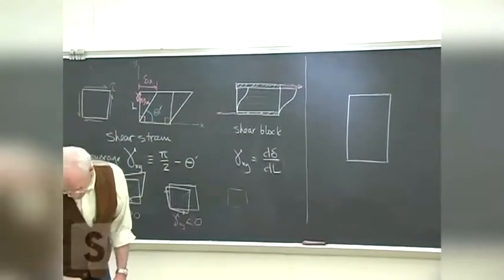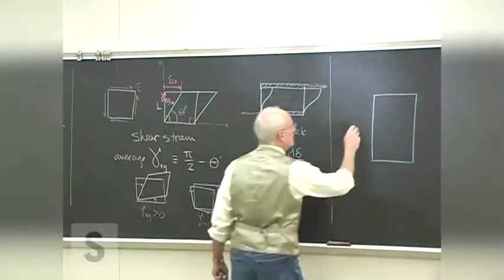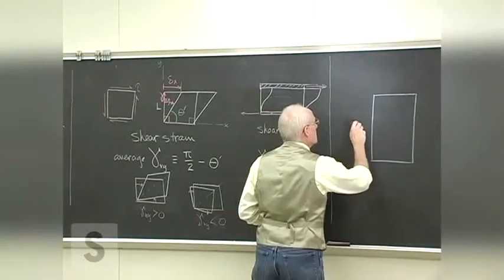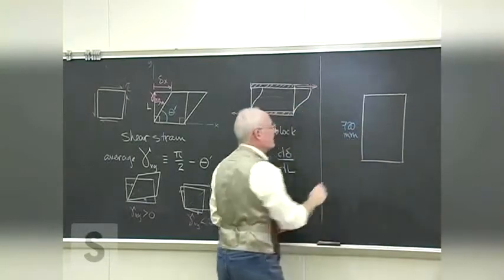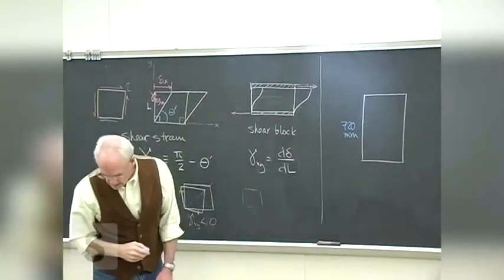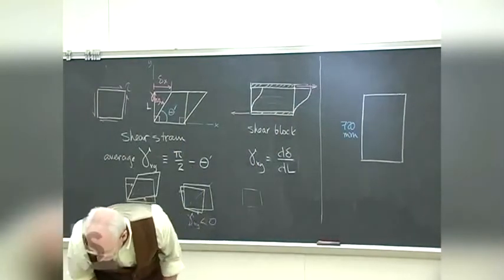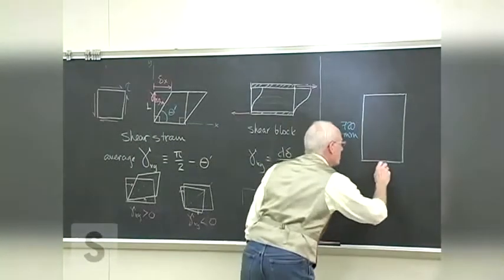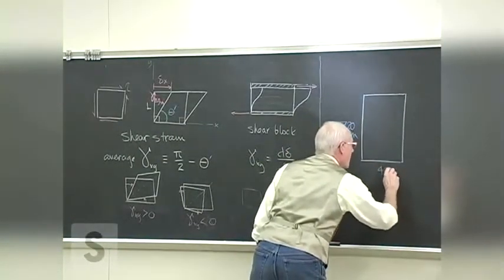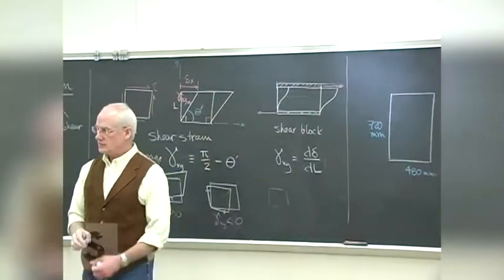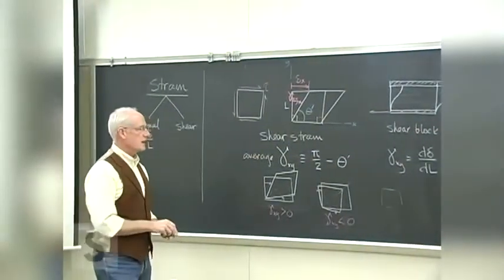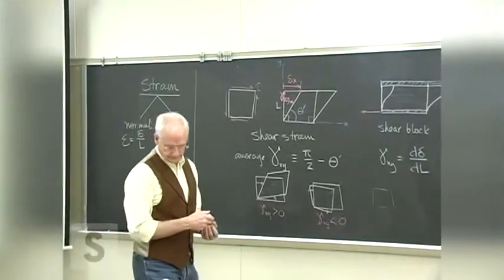So as an example, let's start with a simple plate. 720 millimeters on one side, 480 on the other, in original, unstressed, unstrained dimensions.